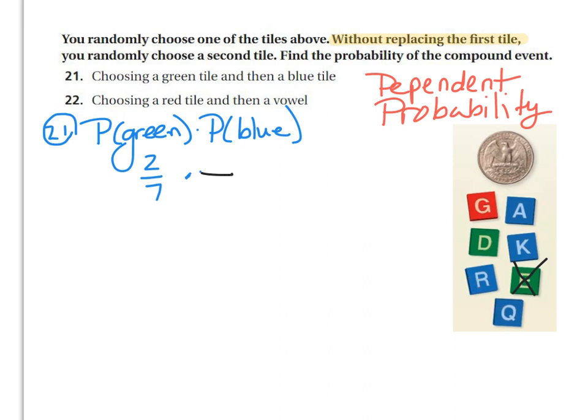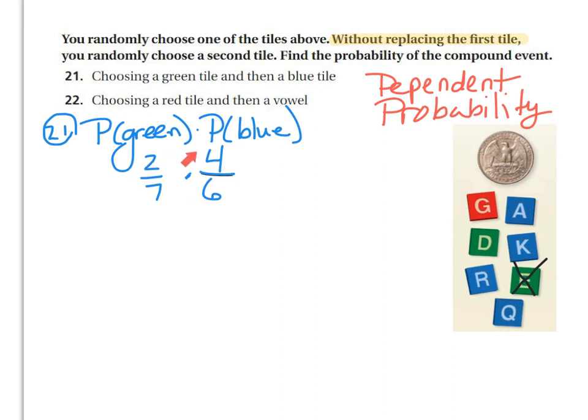And out of those 6 tiles, 1, 2, 3, 4 tiles are blue because that's what you're looking to pull next. So you have 4 blue tiles. Now, if you notice, the denominator's changed. There's one less in the denominator because the tile that you pulled out is being kept out, and it's not available to be pulled when you go in to do the second event.